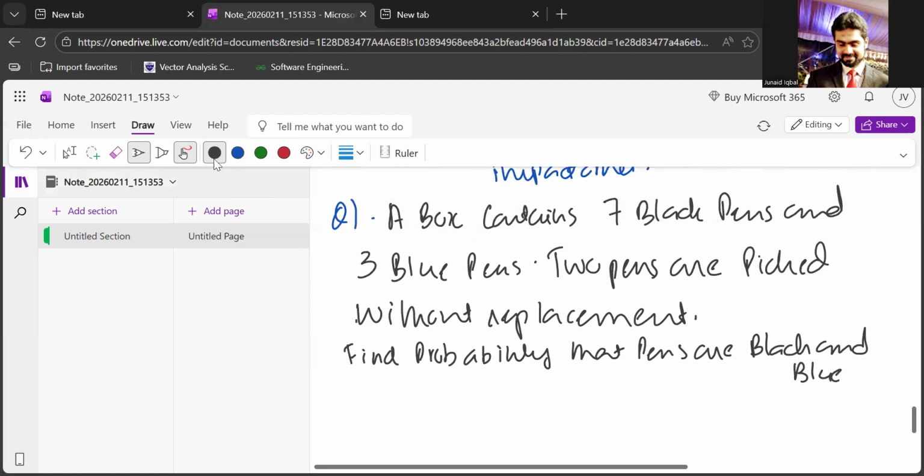So if I find the probability of black, I'm writing it BLA, it would be 7 upon 10 because 10 is the total sample space. And for blue, the second event, my total sample space would be reduced by 1 and that would be 9. And the blue pens are 3.